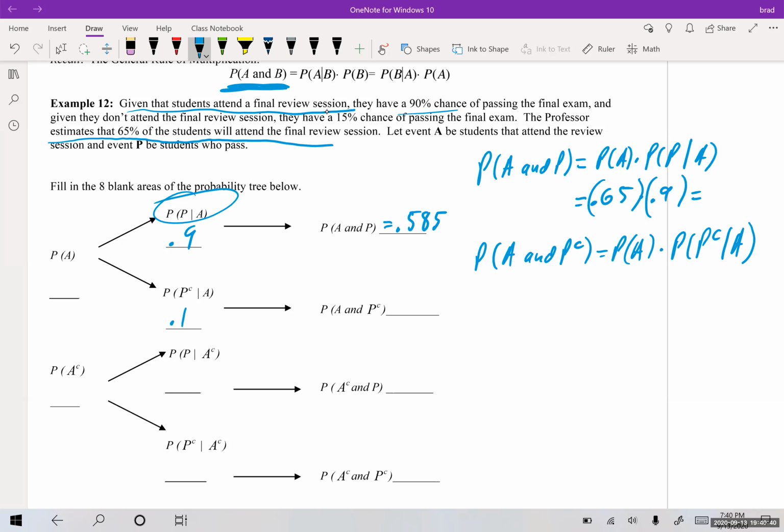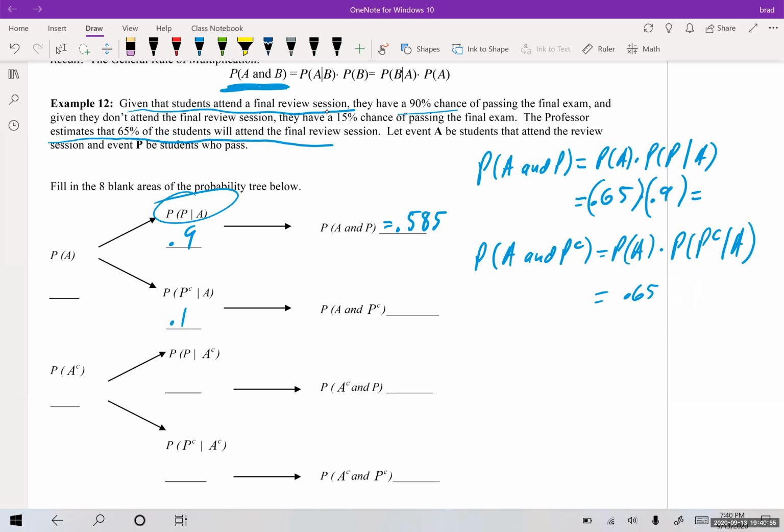Let's see in here if they tell us that anywhere. Well, look right here. It says probability of not passing given that you attended. So we know that this is 0.65 times 0.1.